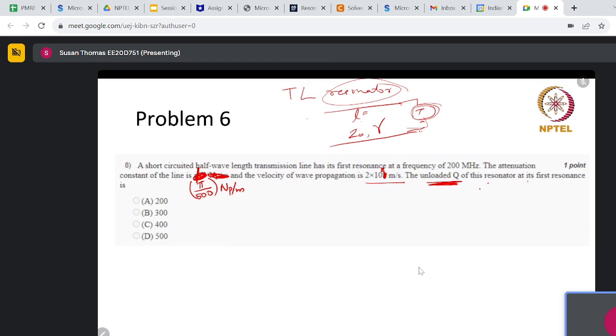So here it is a short circuited transmission line, and the length of the line l is lambda by 2. It has a first resonance, f0, at 200 megahertz. What is given is alpha, the attenuation constant, pi by 500. The velocity of propagation is 2 into 10 power 8 meters per second. Can you find the unloaded Q of this resonator?